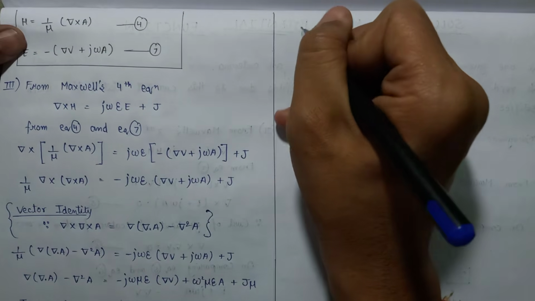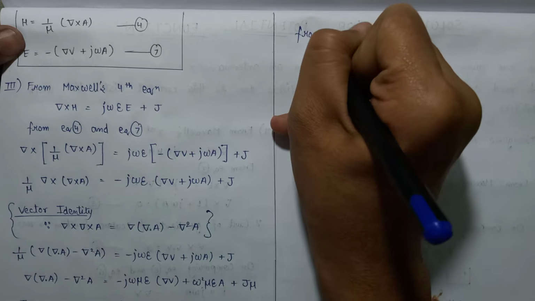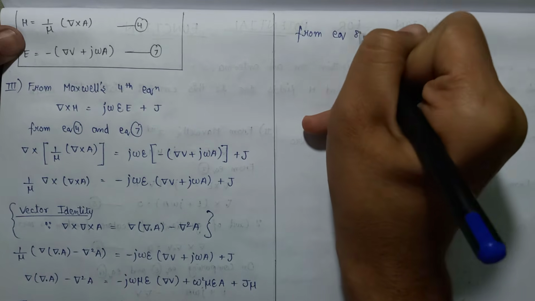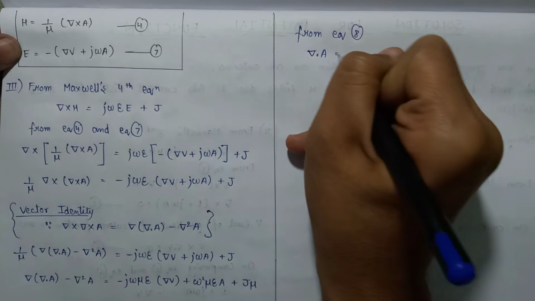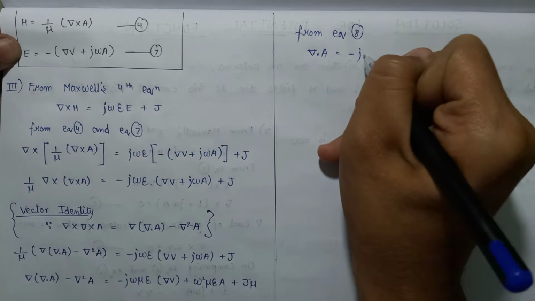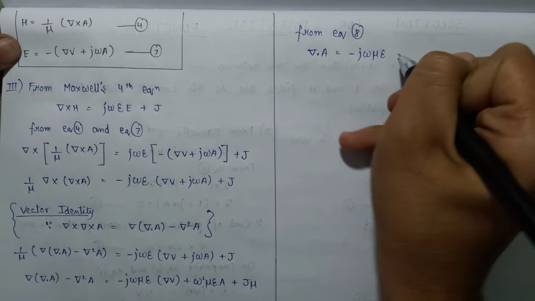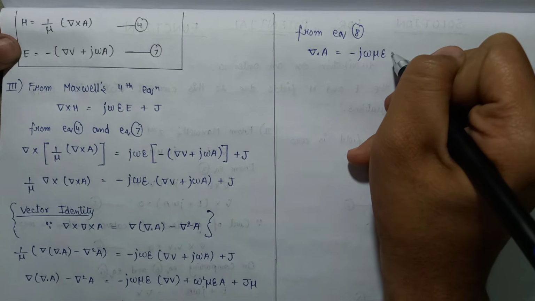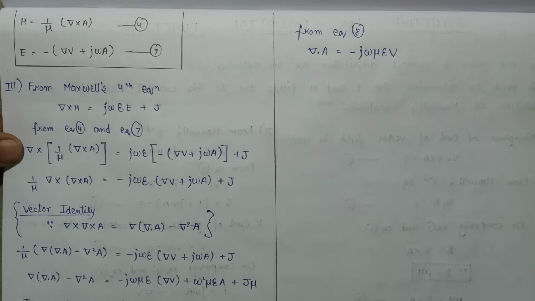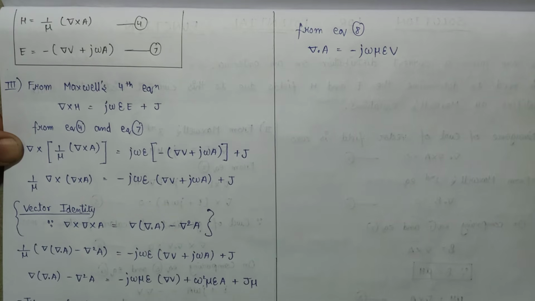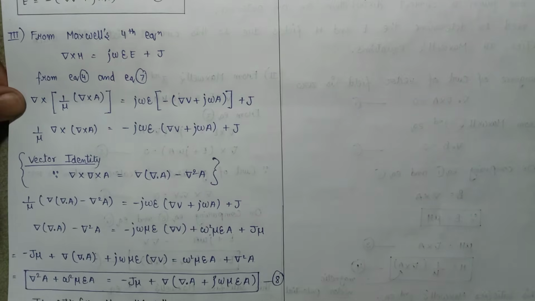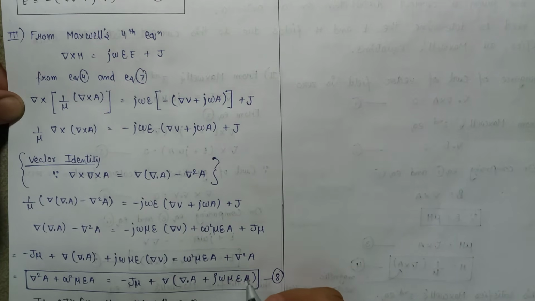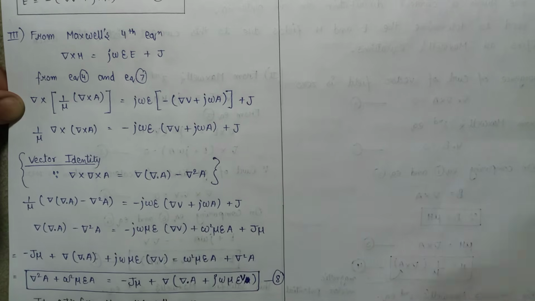So from equation number 8, we can say that the value of del dot A will be equals to minus of j omega mu epsilon into V. Sorry, here is one correction in equation number 8, that is in place of A here is V, capital V, that is scalar function.